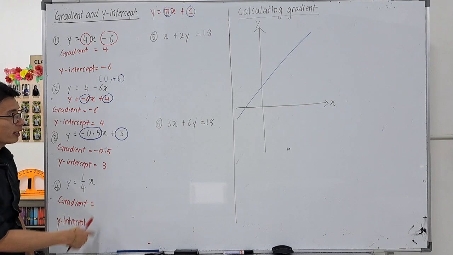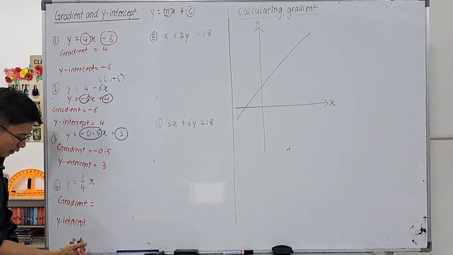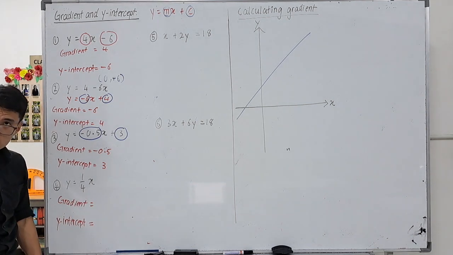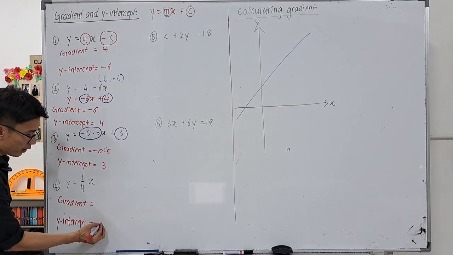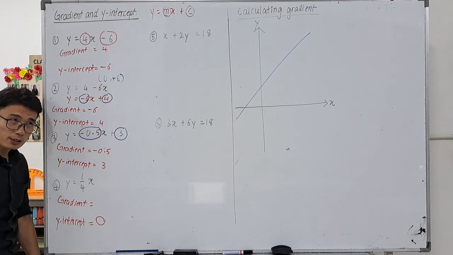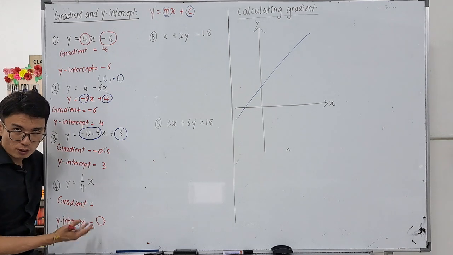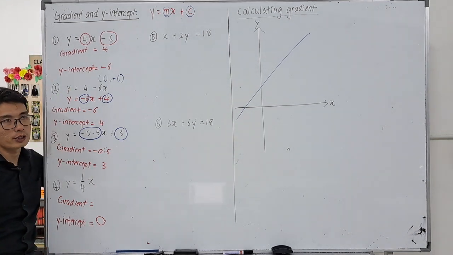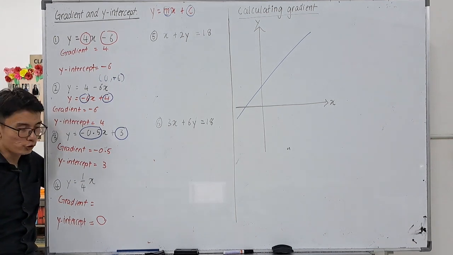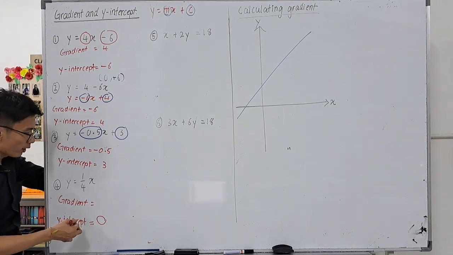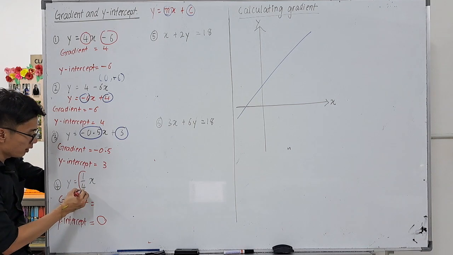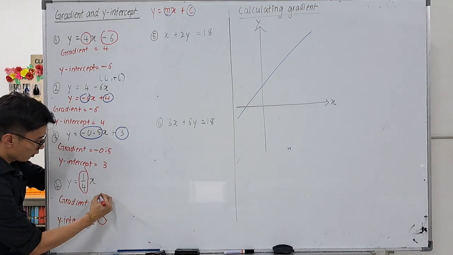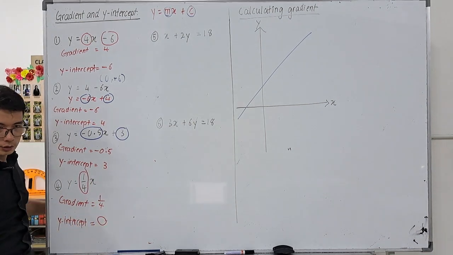If it's not there, what does it mean? Basically, it is telling you there is no y-intercept, which means the y-intercept is 0. If I were to sketch this graph, the line is cutting through the origin. So my gradient in this case is just this number, negative 1 over 4. Done.